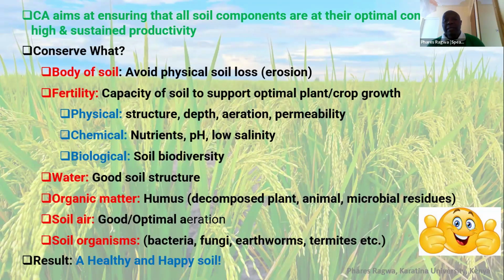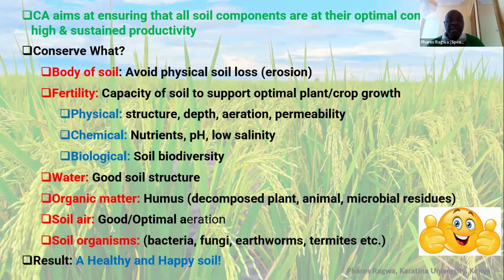And then the microorganisms. We have various types of microorganisms and various species of bacteria, fungi, earthworms, termites, living plant roots. All these are important in the soil because they contribute, one, to the decomposition of organic materials. They contribute to nitrogen fixation, for example, which contributes to soil fertility.